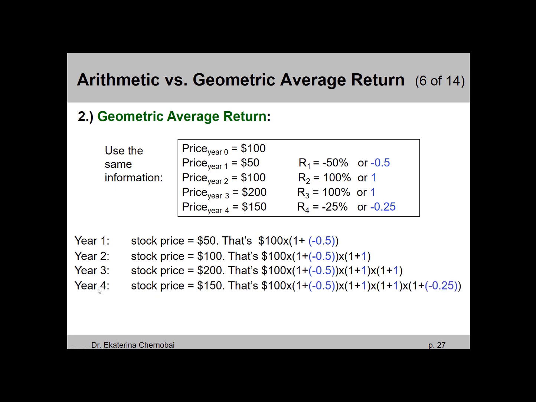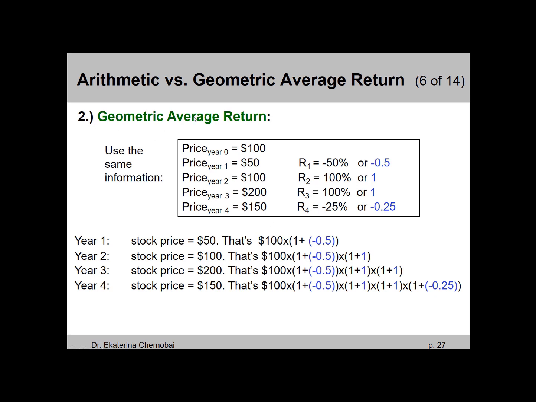Same for the final fourth year. $150 given for the end of year 4 of our investment could be reached by taking the initial amount, $100 today, and multiplying by 1 plus the return in year 1, negative 50%, times 1 plus the return in year 2, 100% increase, or 1 in decimals. Same again in year 3, and a 25% decrease in year 4. So times 1 minus 0.25, right?